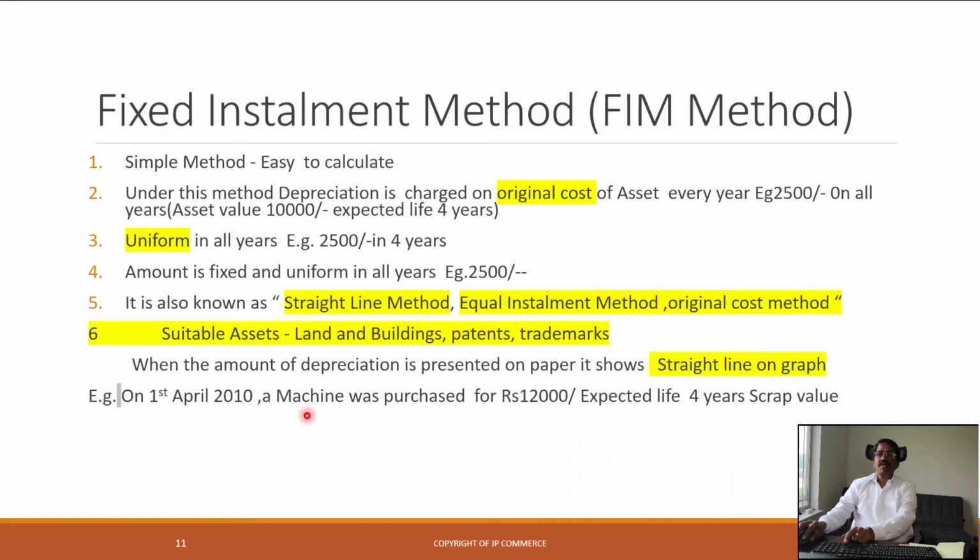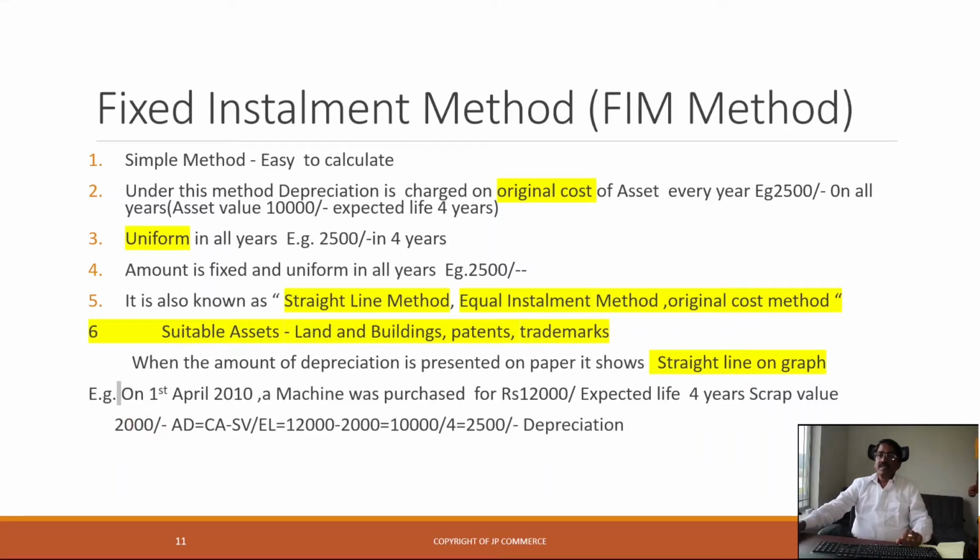Example: on 1st April 2010, a machine was purchased for rupees 12,000, expected life is 4 years and scrap value is rupees 2,000. To find the annual depreciation, AD is equal to cost of the asset minus scrap value, divided by estimated life, EL. That is 12,000 minus 2,000 is 10,000, divided by 4, which is 2,500 as the depreciation amount.